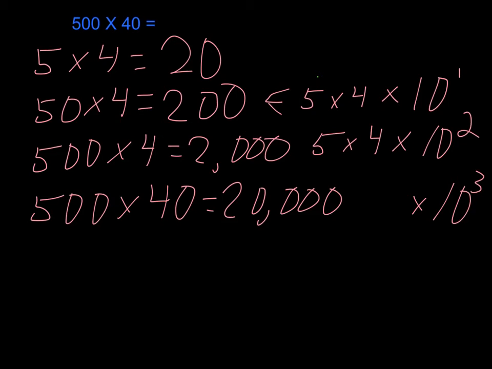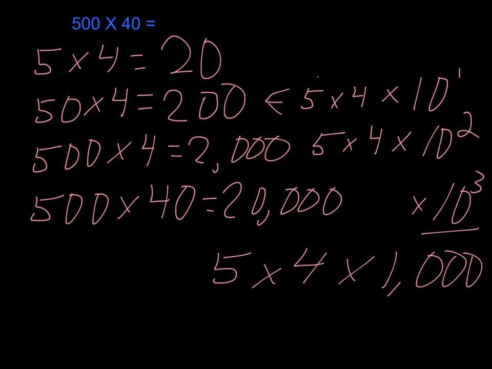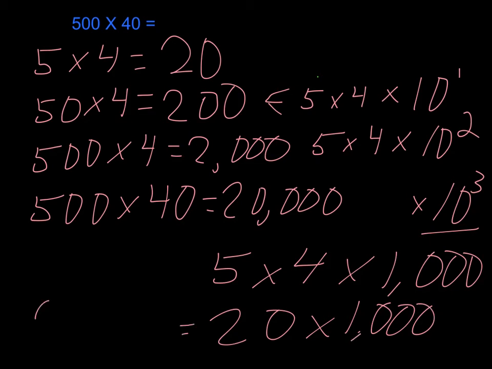So that would look like this. 5 times 4 times 10 to the third power, which is 1,000. So if we multiplied 20 times 1,000, we would in fact get 20,000.